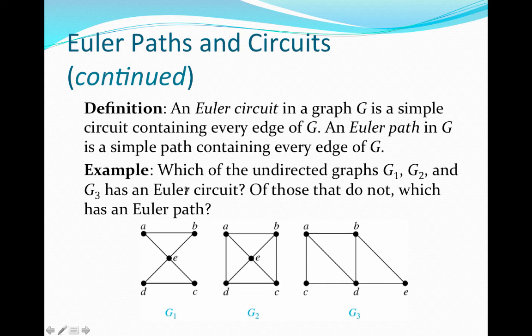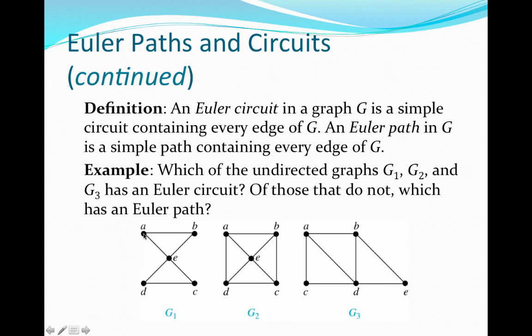Looking at this first graph, you may recall childhood games where you were asked to draw a figure without lifting your pen off the paper and without retracing your steps. You'll notice that shapes that you're able to do that with are actually Euler circuits.